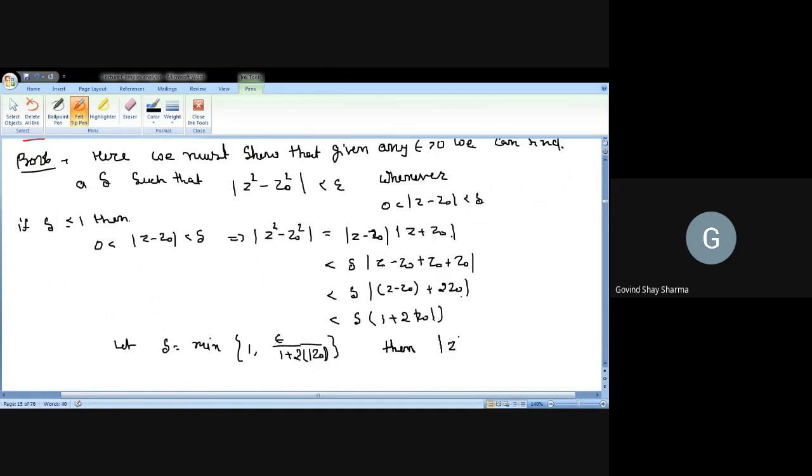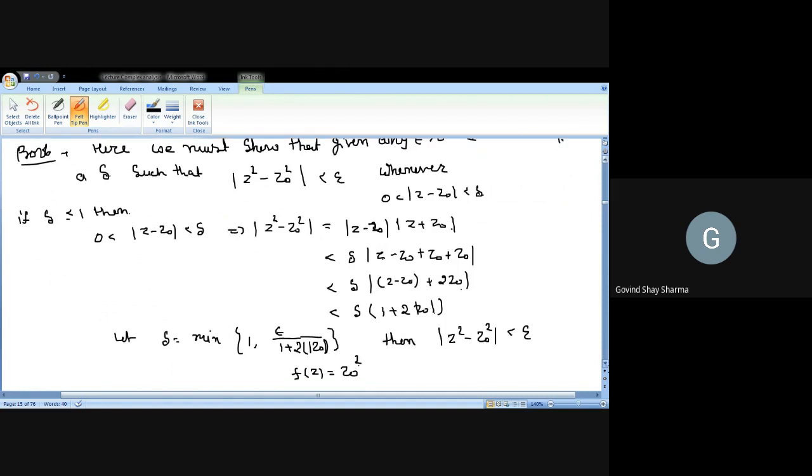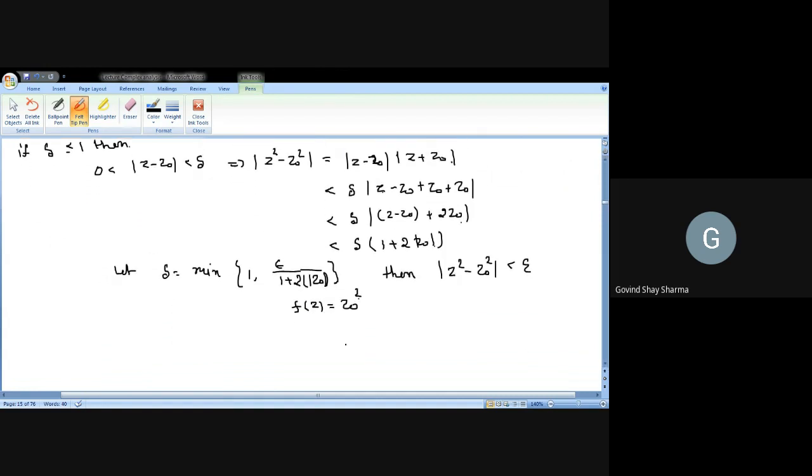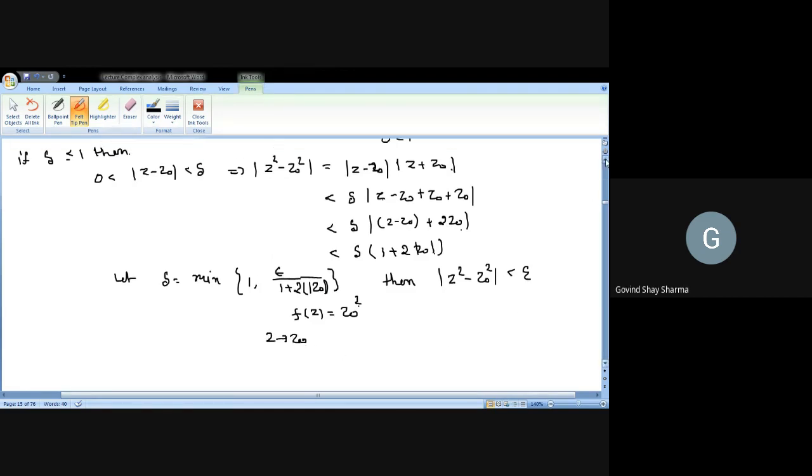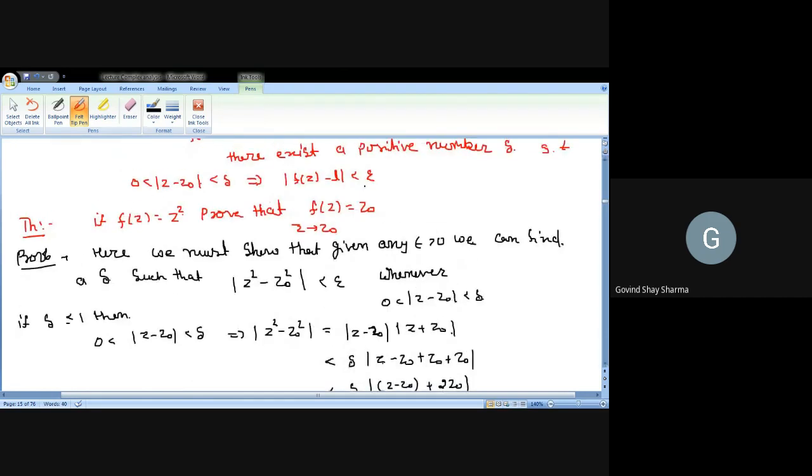So |z squared - z0 squared| is less than epsilon. Okay.